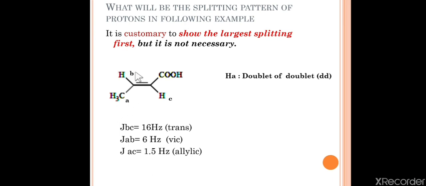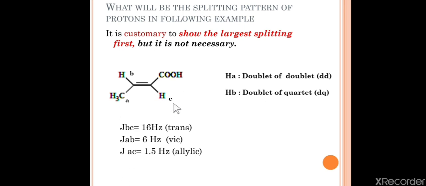That means the splitting pattern of HB will be doublet of quartet, because the coupling constant of this BC is larger than the vicinal. That means JBC is 16 Hz and JAB is 6 Hz. So we are considering the largest coupling constant first. So the splitting pattern of HB will be the doublet of quartet.